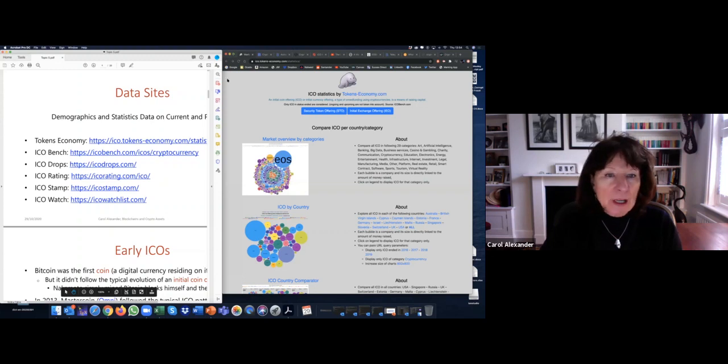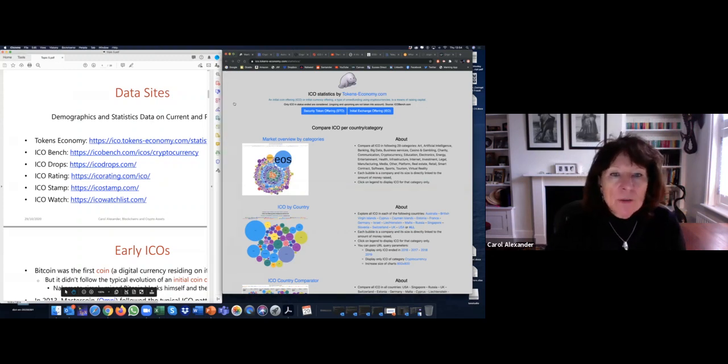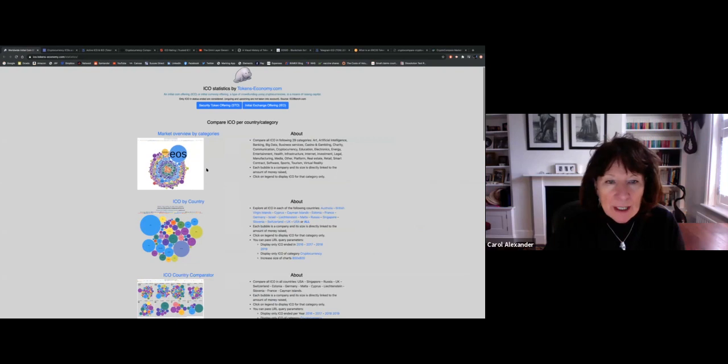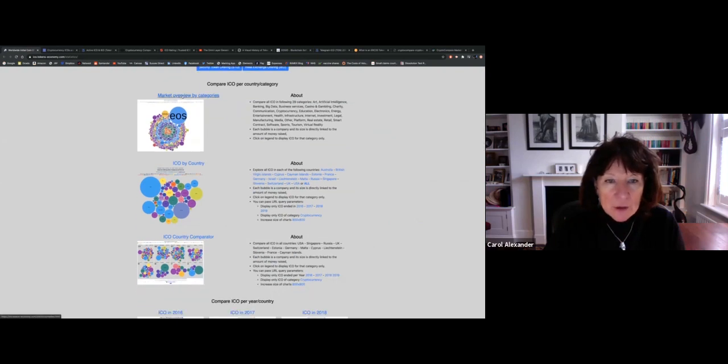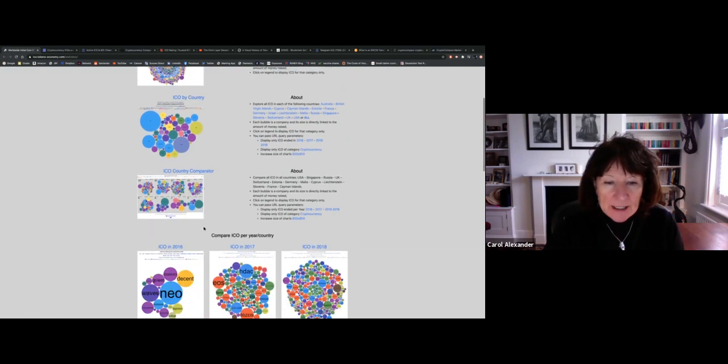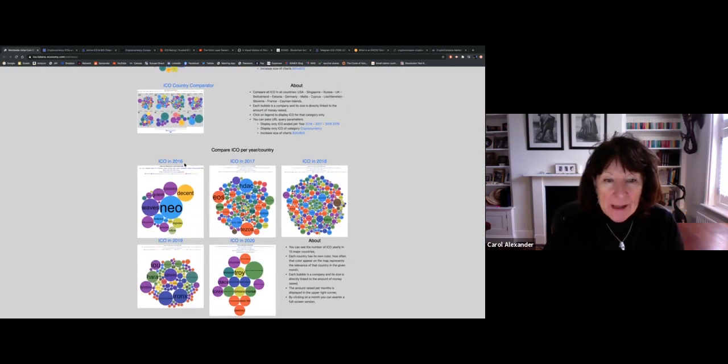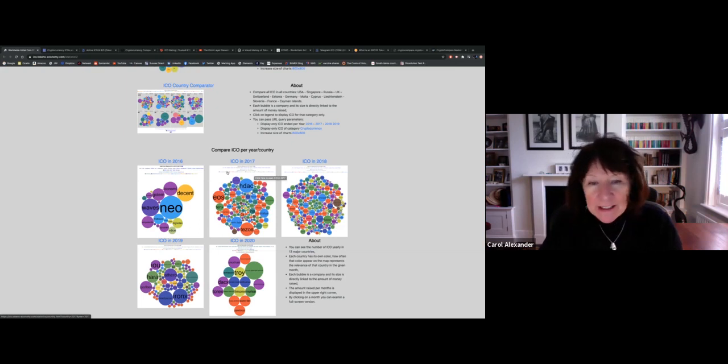So Token Economy gives market overview by categories, by country. It compares countries. It compares years. And in this one, for example, the different countries have different colors, and the size shows how much was raised.